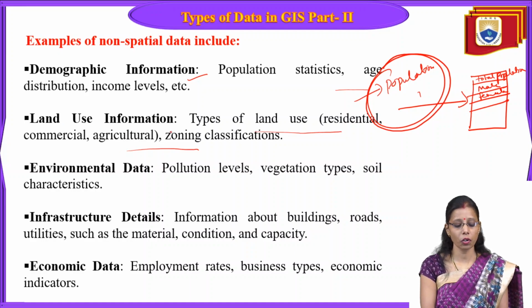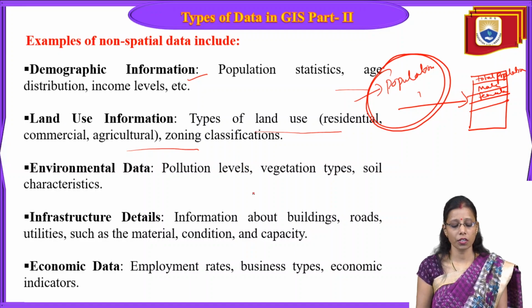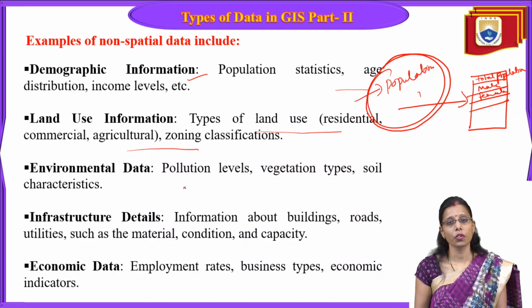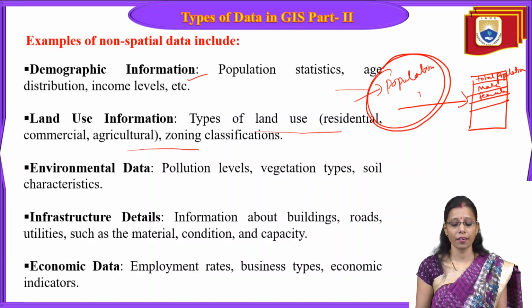In the same way, if you talk about land use information, types of land use: residential, commercial, agricultural, zoning classifications and all, that all comes under this land use classification. Now environmental data. So what is environmental data? It is about some area, population levels, vegetation types, soil characteristics. If you want to show spatial information for environmental data, it will be in the form of a boundary, right?